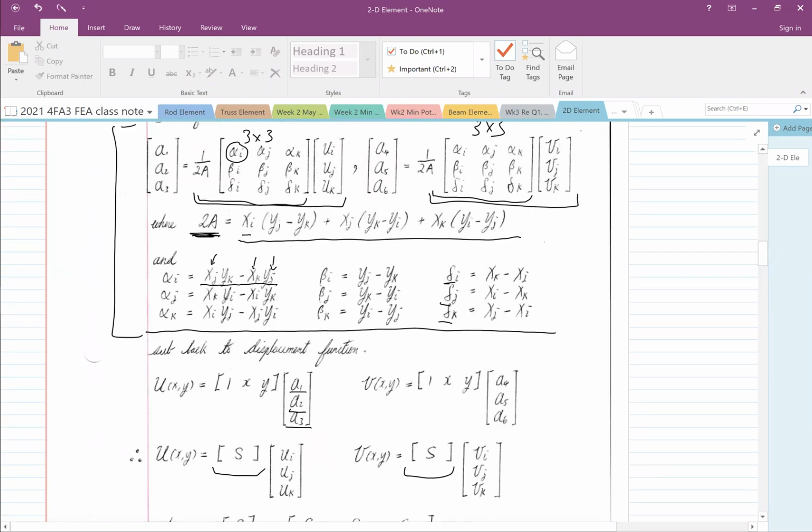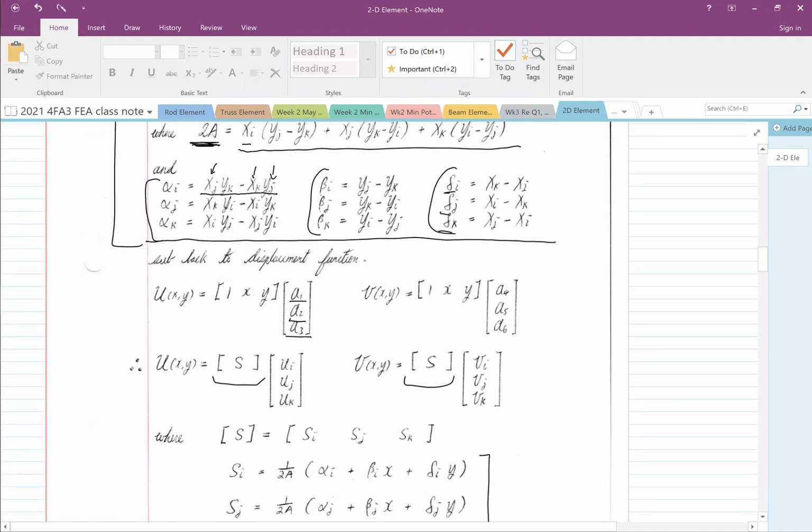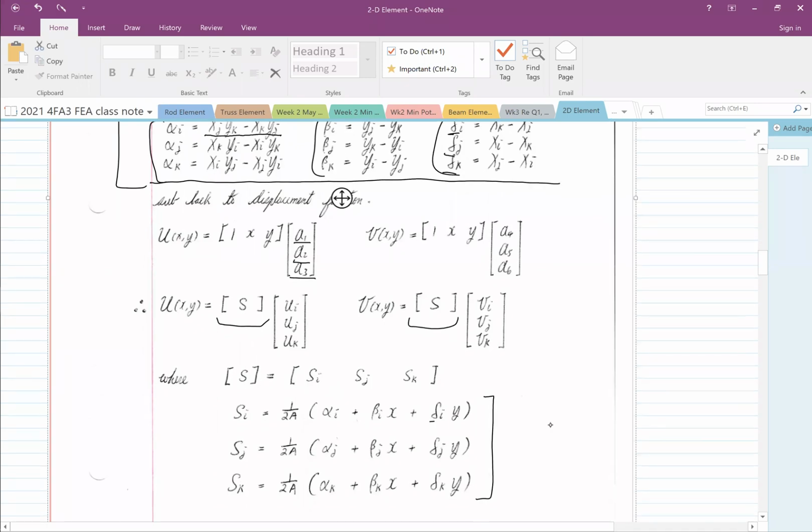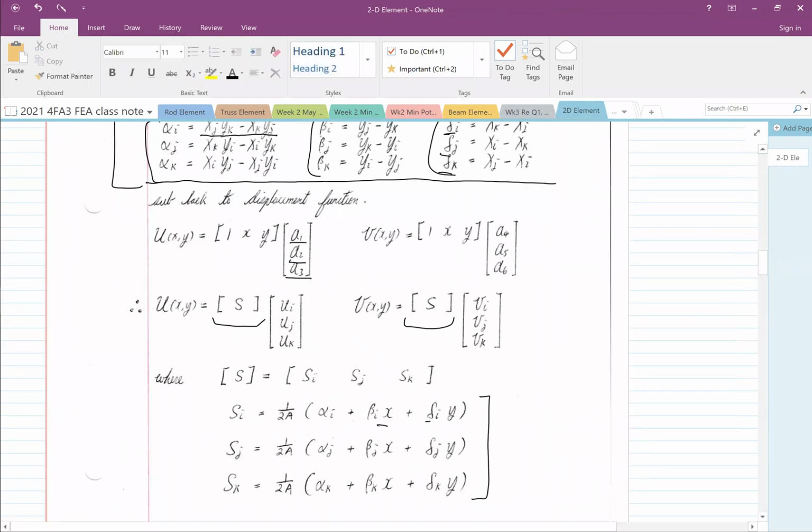Look at that, it's really painful to do all the alpha, beta, and delta by hand, so that's why you need an Excel spreadsheet to calculate that. And the shape function can be expressed by alpha, beta, and delta, as long as you have the coordinates.